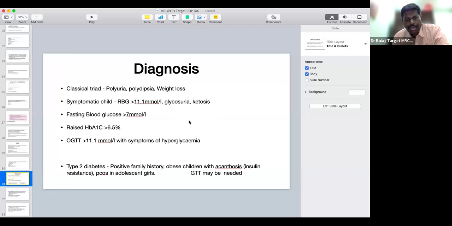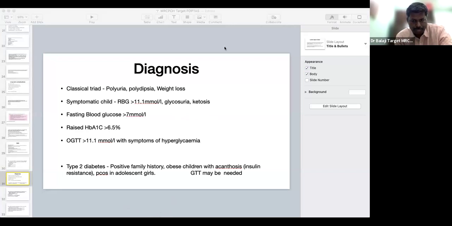200 milligrams or 11.1. Can someone tell the conversion between millimoles to milligrams? How much are we going to multiply? Anybody wants to tell? So it is 18.